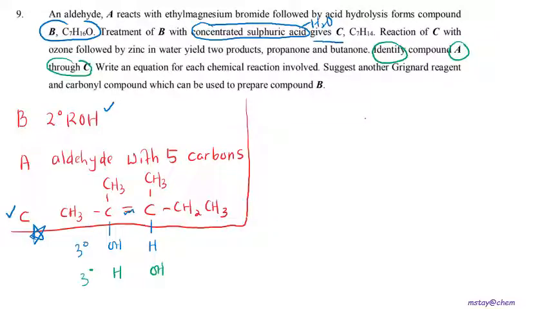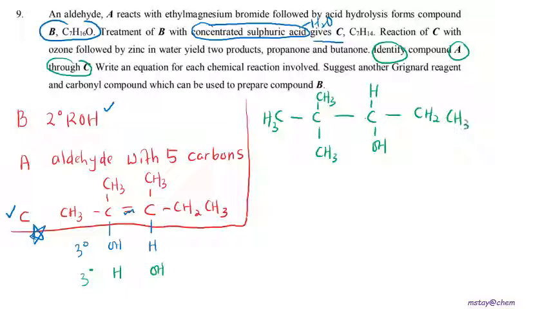If rearrangement happens, there are two possibilities. The CH3 may rearrange to the left-hand side. If this happens, one will be hydrogen and another one will be hydroxide, continuing with CH2, CH3.